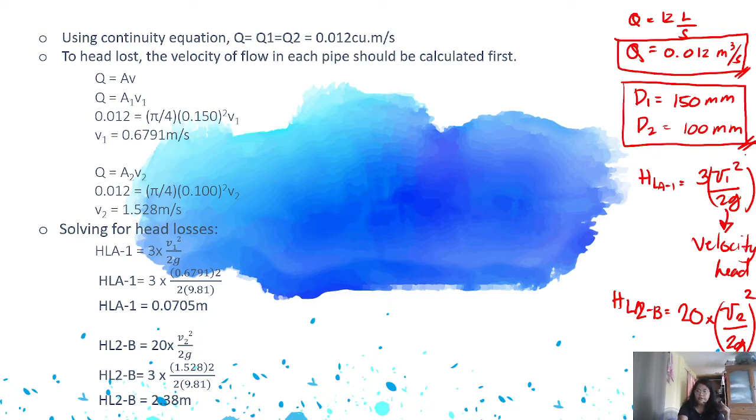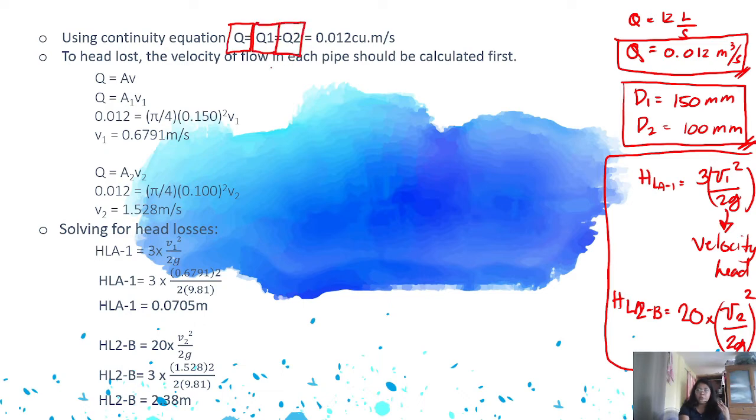These are all from the problem; there is no hocus-pocus. So let's get the values of the velocities first. Use the continuity equation: the discharge Q is equal to Q1 and also equal to Q2.